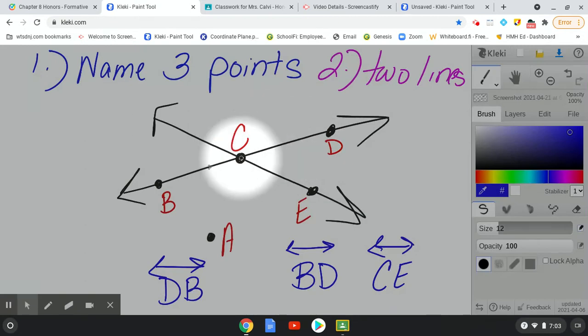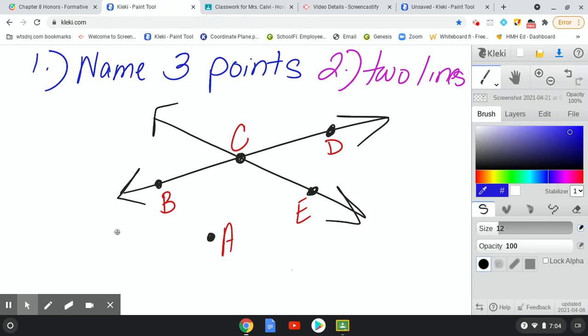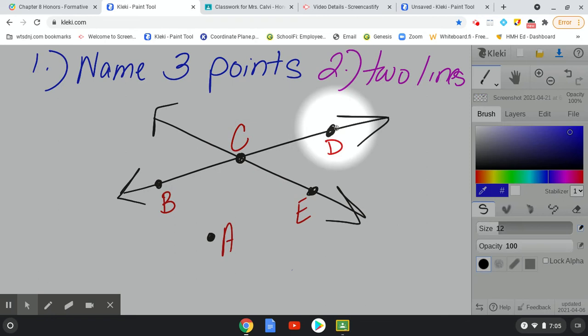Now let's see if we can identify a plane. Okay, so now I want to name a plane, and if you remember, a plane is a flat surface. It has no thickness, and when we name a plane, we want to use 3 points in any order, but not all on the same line to name the plane, okay? So I don't want all 3 points to be on the same line. So for example, I would not say plane BCD, because those are all on the same line.